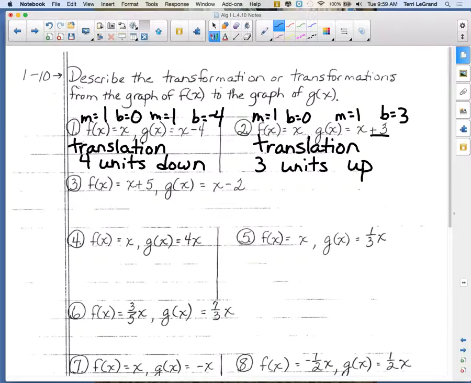The y-intercepts did change, so it is a translation, and the y-intercept changed by going up 3. Okay, go ahead and do number 3 now. Let's do M and B first for both of them, and then on the line below that, describe what you think happened from f of x to get to g of x.